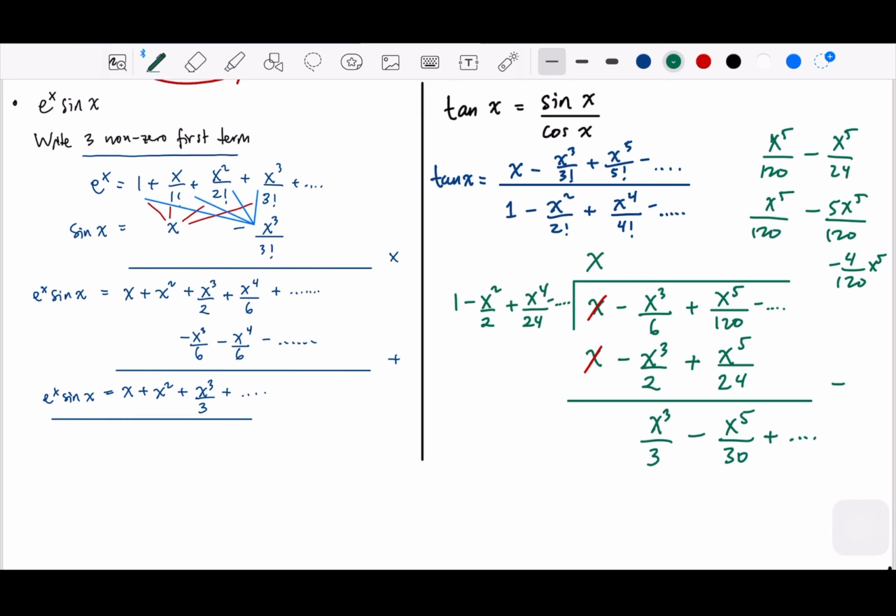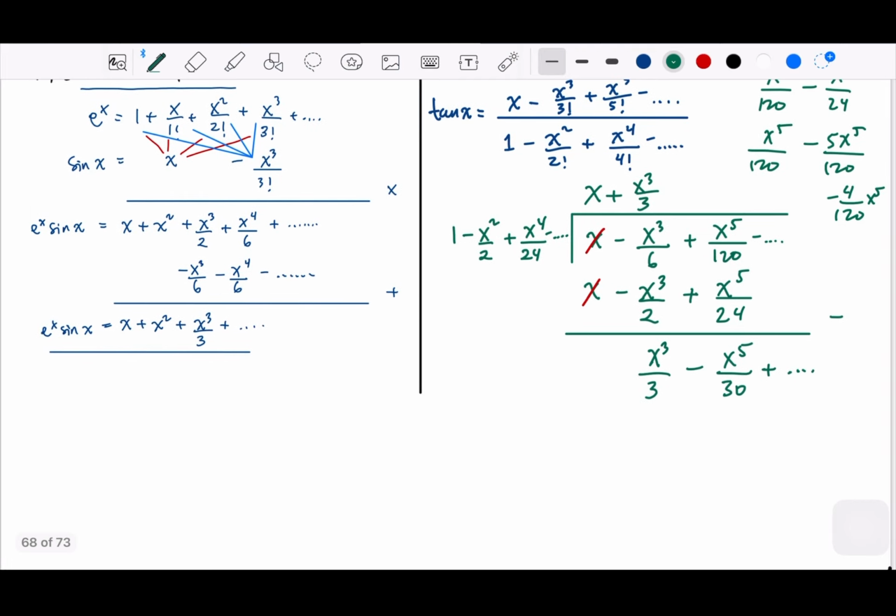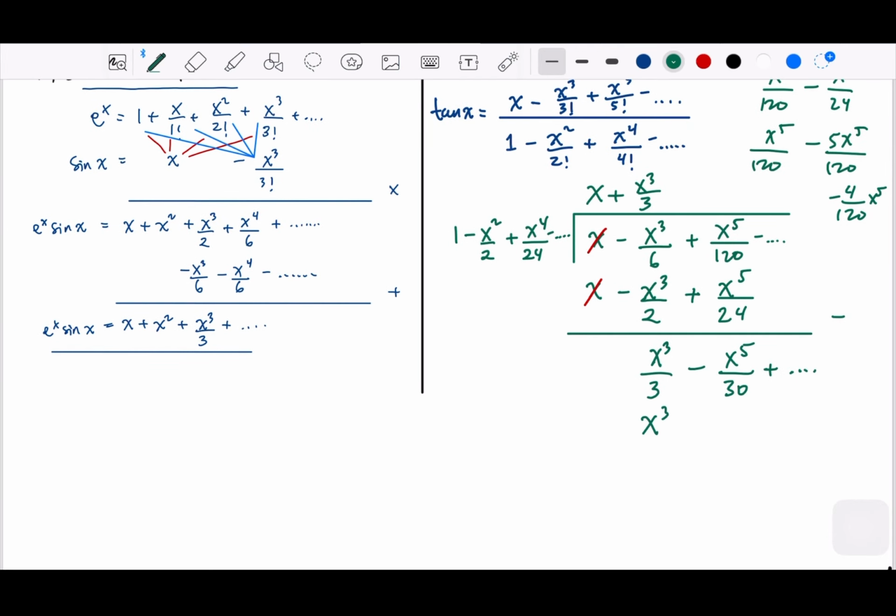Okay, and we need to cancel out this x cubed over 3. So we need to add x cubed over 3 to make the cancellations. Okay, and then minus x^5 over 6. Okay.